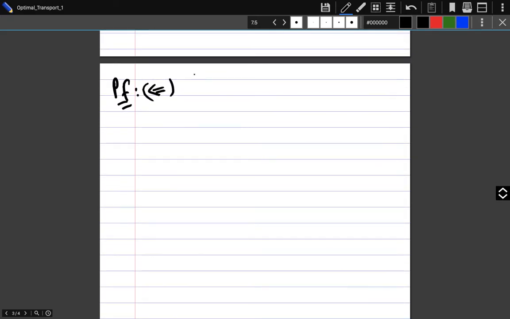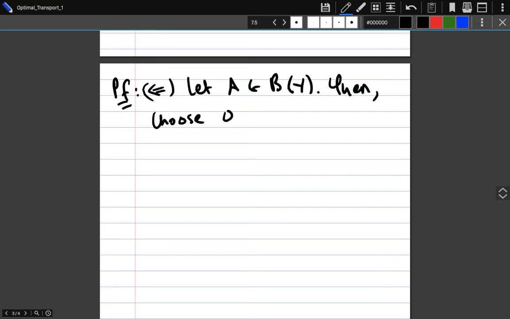So it's very simple. Let A be an arbitrary Borel set. Then what you can do is choose phi to be the indicator function on A.